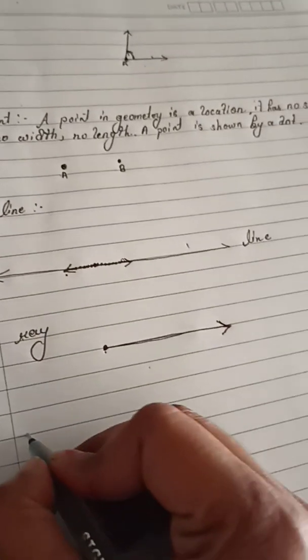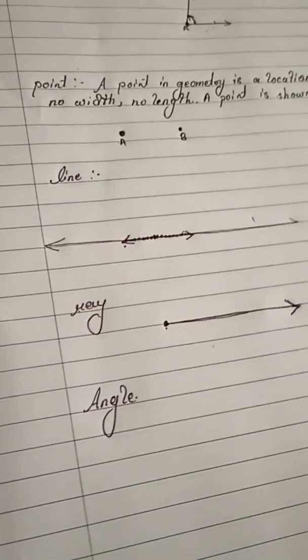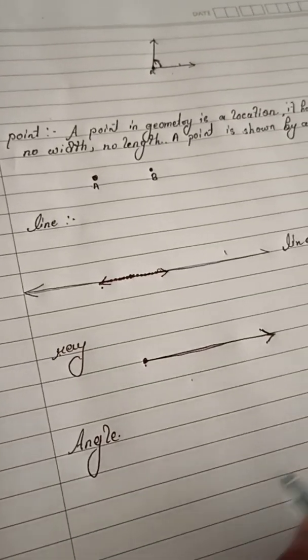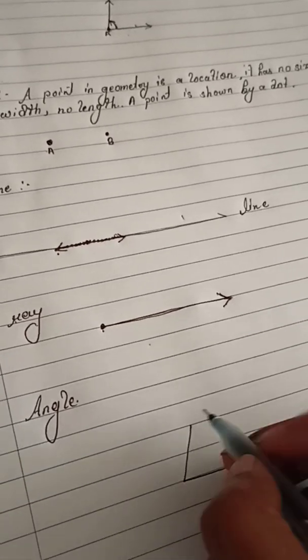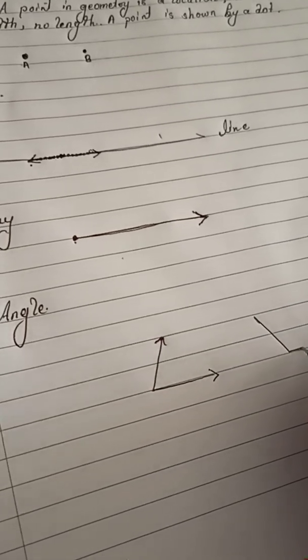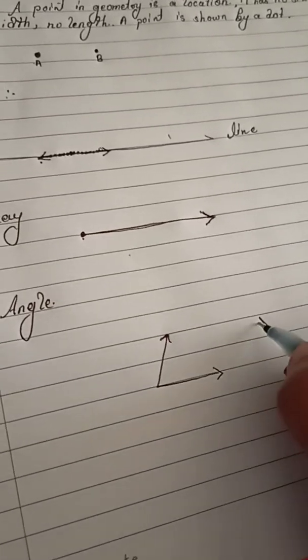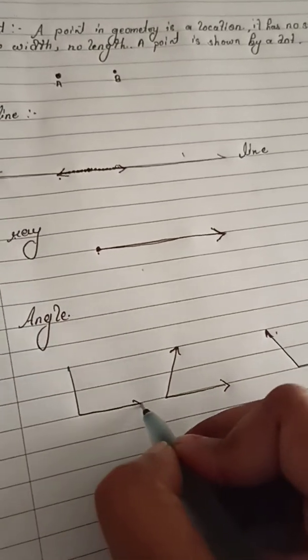Now we'll talk about angles. What is meant by angle? I have shown the figure also, like this. It is an angle. It can be any shape, it can be like that also, and of this size.